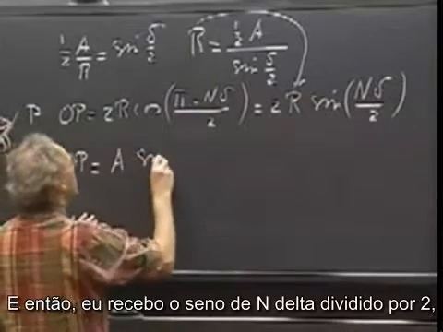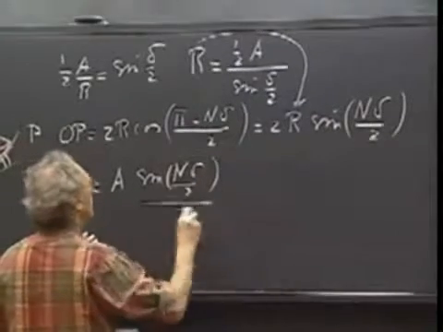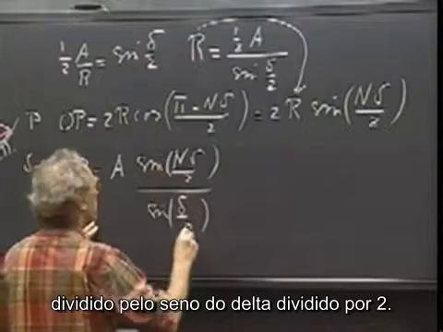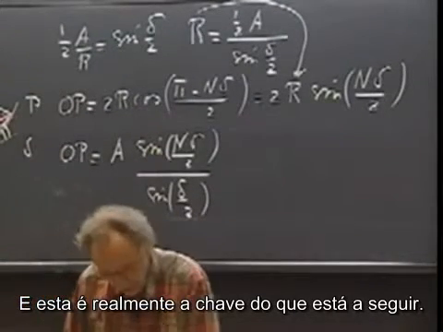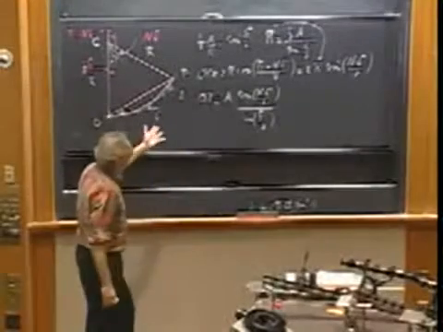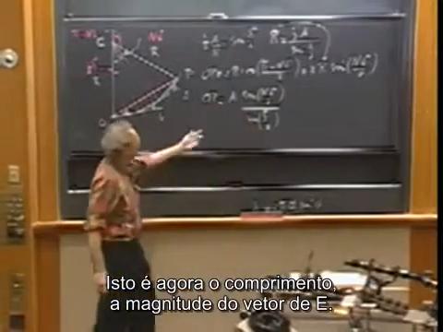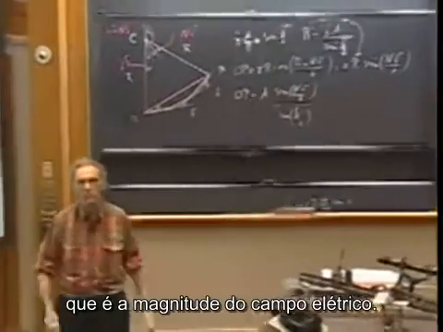And then I get the sine of n delta divided by 2, divided by the sine of delta divided by 2. And this is really the key of what is following. This is now the length, the magnitude of the E vector, if you think of this A as being E0. That's the magnitude of the electric field.